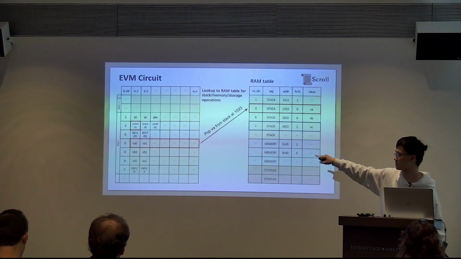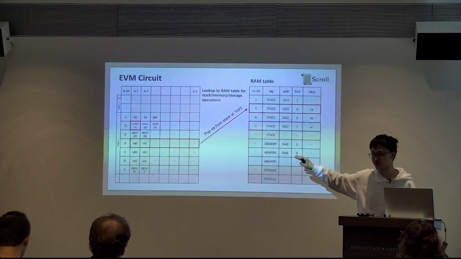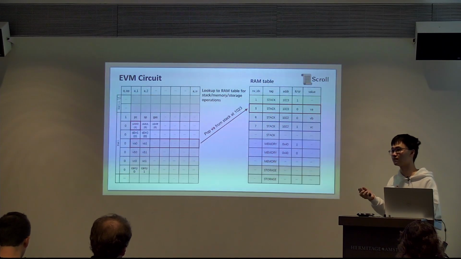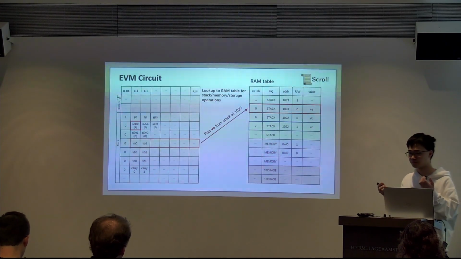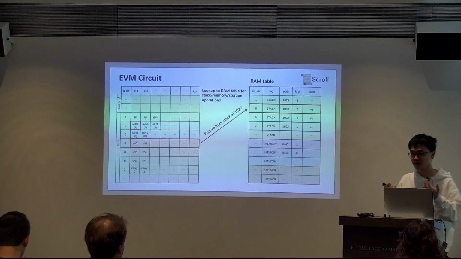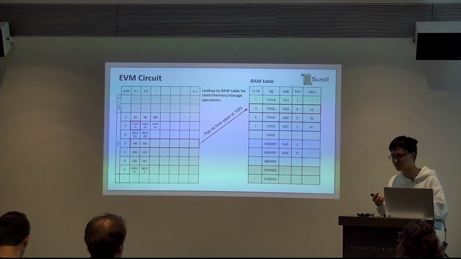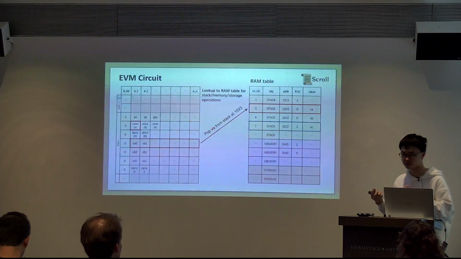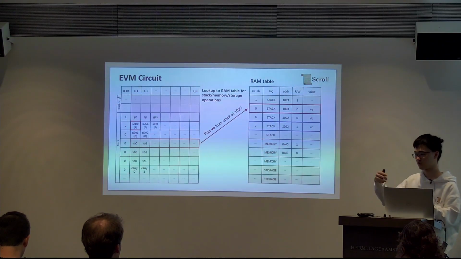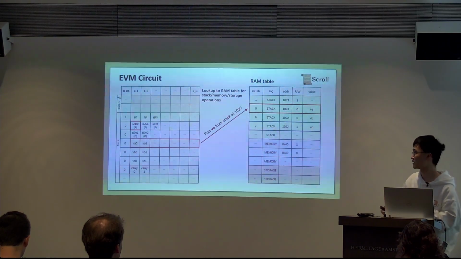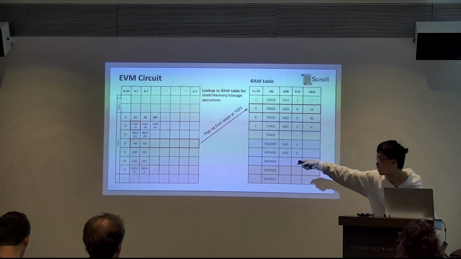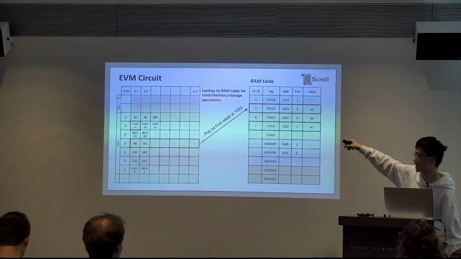You firstly need to prove that this VA is fetched correctly, because when you are doing add, you need to pop 2 elements from the stack and push 1 element back. So you need to prove that these popped elements are exactly what you pushed in previous operations, right? So you prove that this operand belongs to some entries in this table.